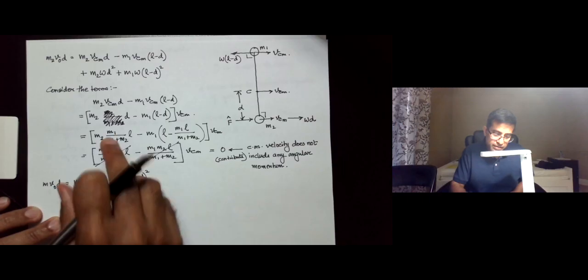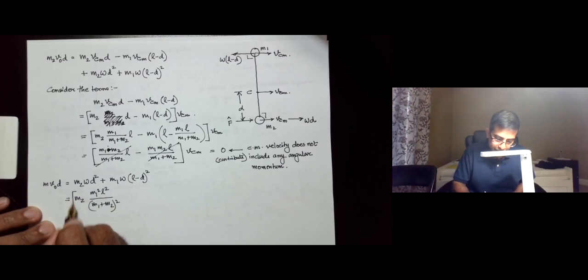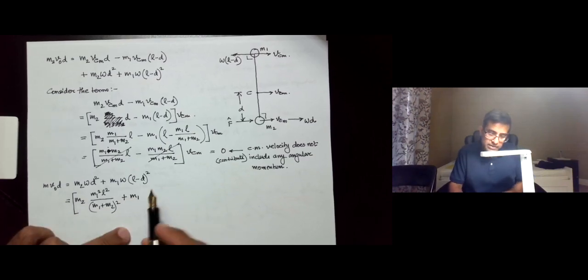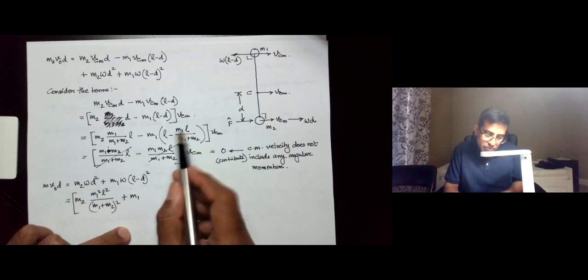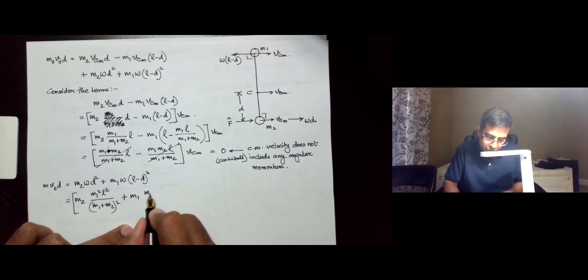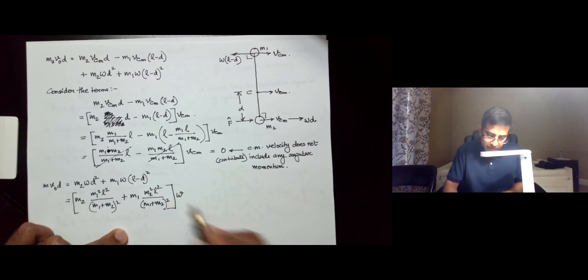It is m1 L divided by m1 plus m2, so m1 square L square divided by m1 plus m2 square, plus m1 times, now L minus d was m2L divided by m1 plus m2, so m2 square L square divided by m1 plus m2 square, this times omega.